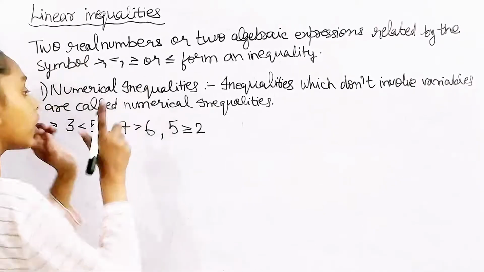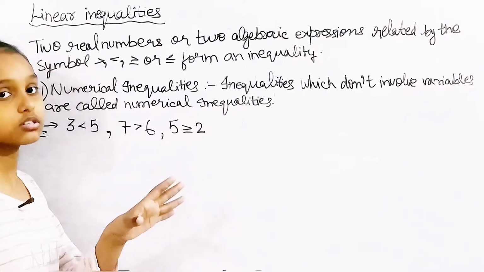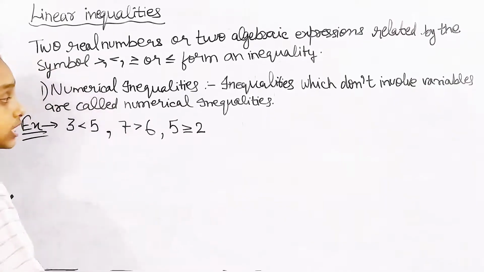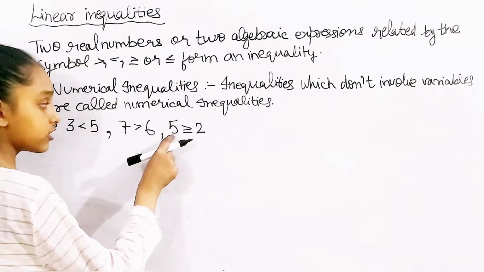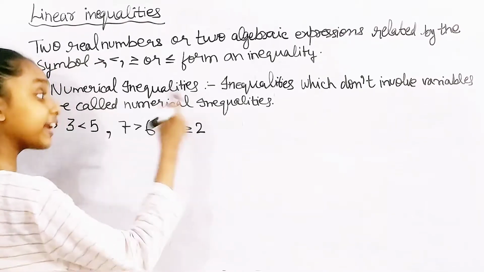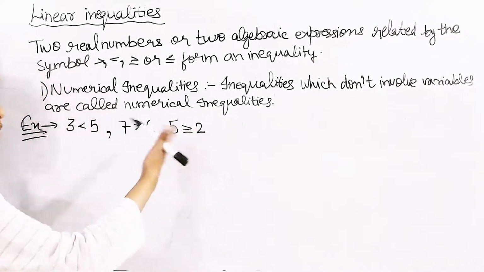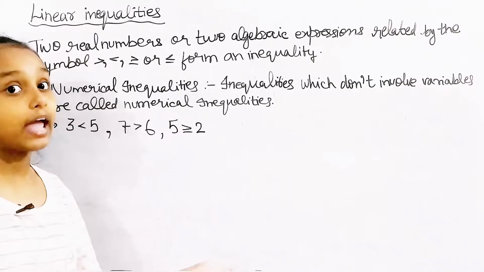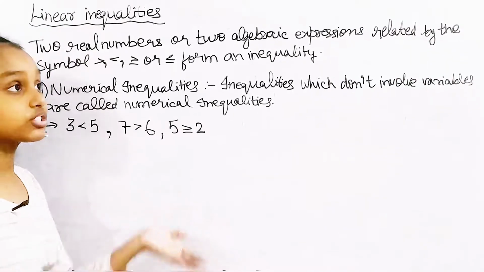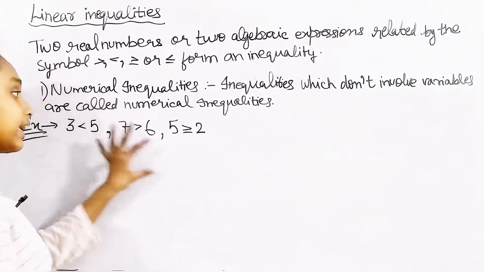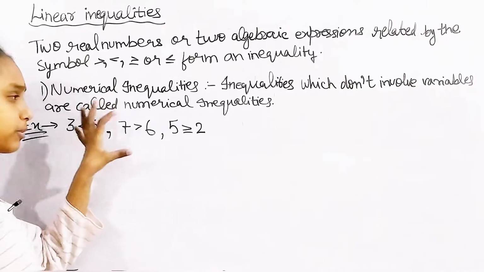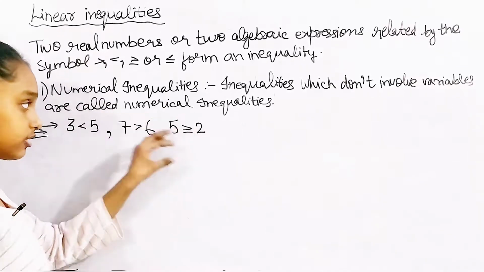But in these inequalities, the numbers do not really make sense. What we can see here is that 5 is greater than or equal to 2. 5 can be equal to 2 in some senses, not exactly true, but it can be this way.